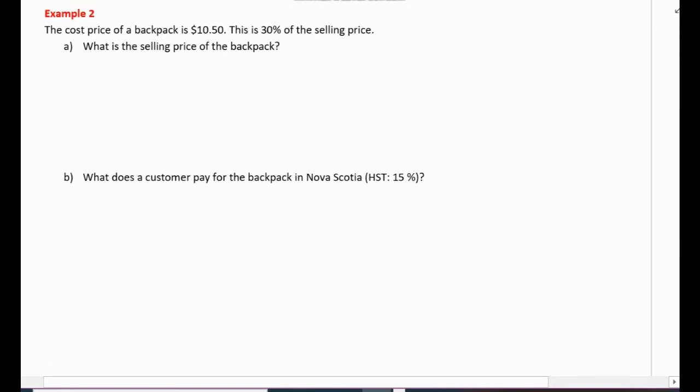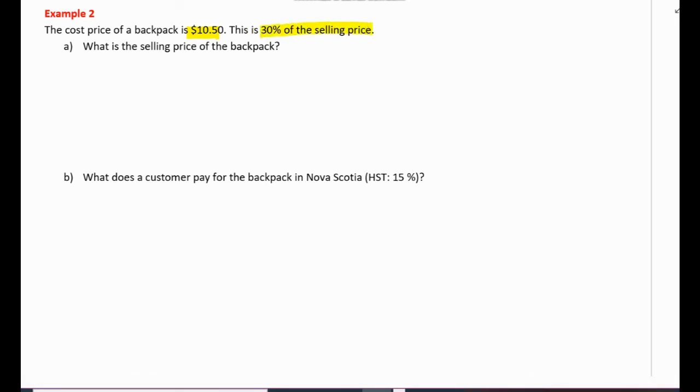All right, example 2. The cost price of a backpack is $10.50. This is 30% of the selling price.